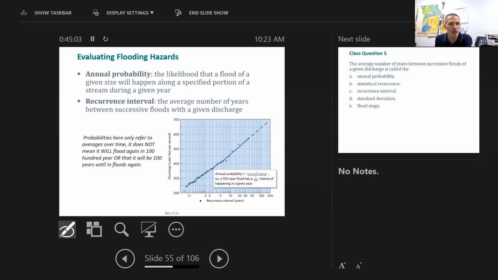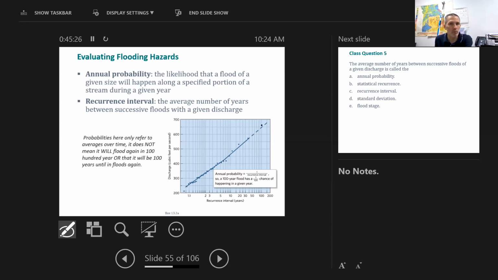And if you're in the lab section, you will be doing the same flood analysis of looking at this data and creating a graph like this, plotting the data of the recurrence interval versus the discharge. And you can see that there's a distinct pattern here of this recurrence interval.